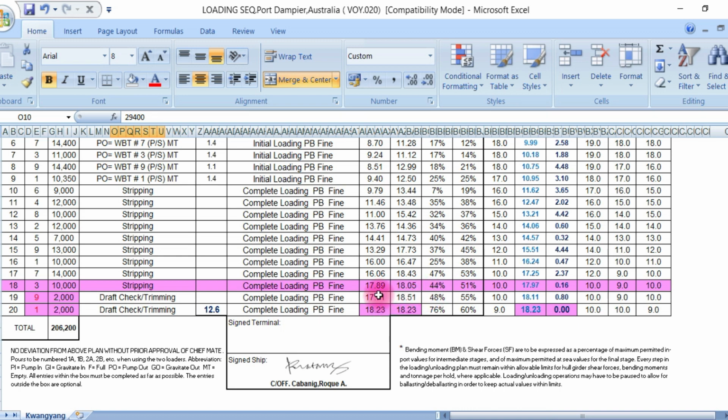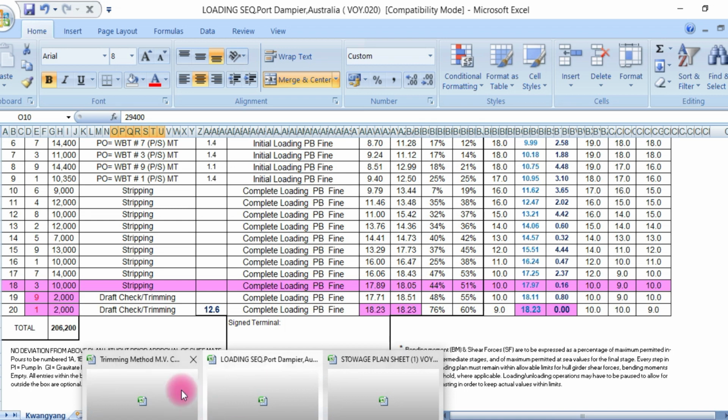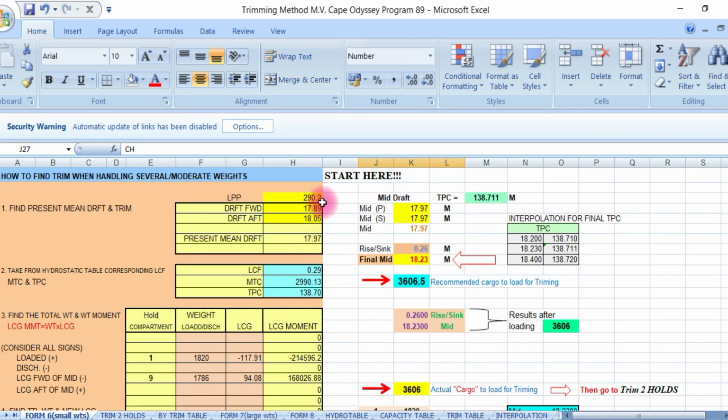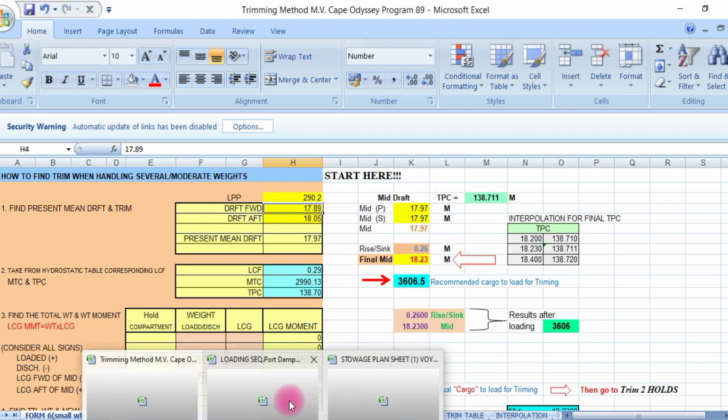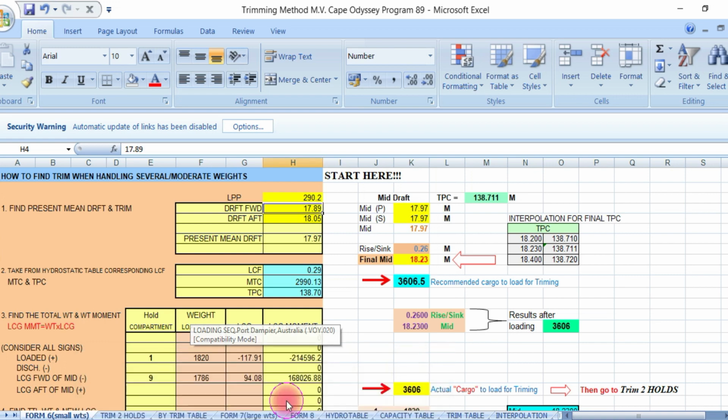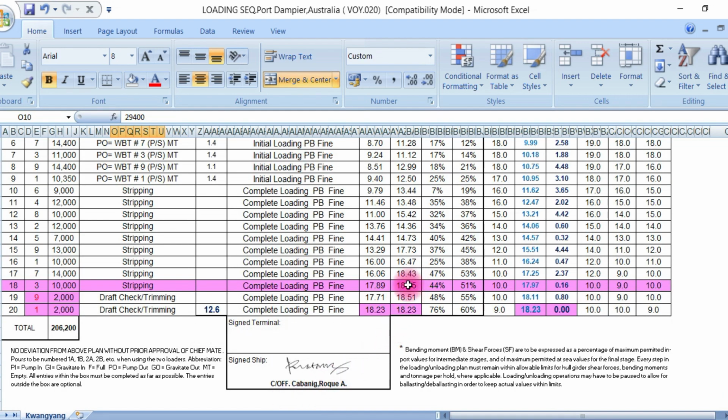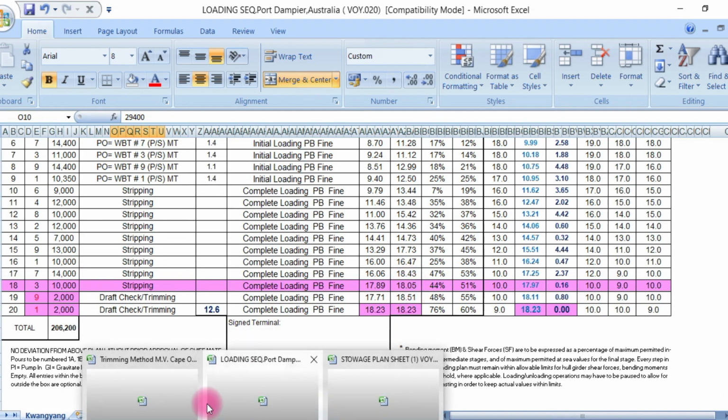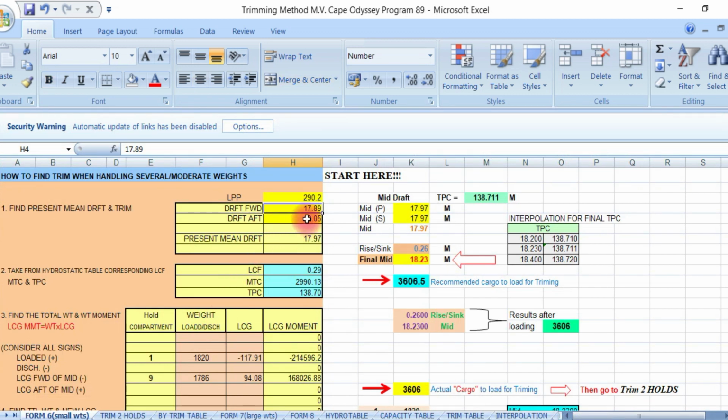Let's say forward 1789. Here 1789, and up is 1805. Put here 1805.